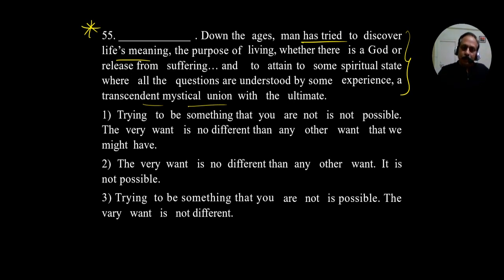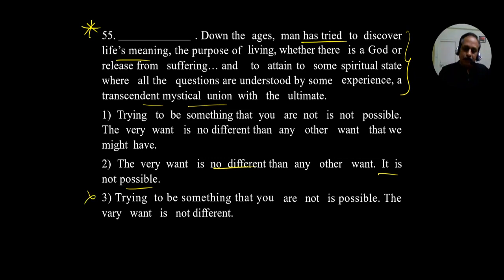The very want is no different than any other want that we might have. It is not possible, and this one, they're not related. Trying to be something that you're not is possible, but it talks about not possible. The very want is not different.